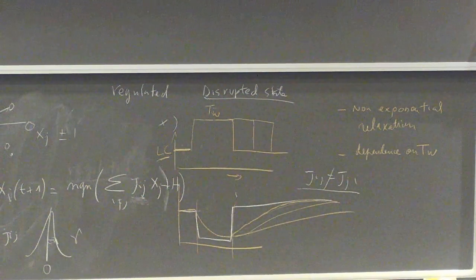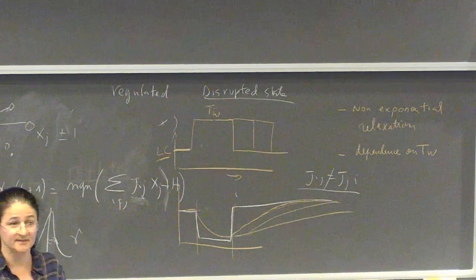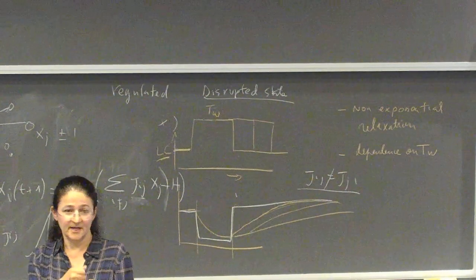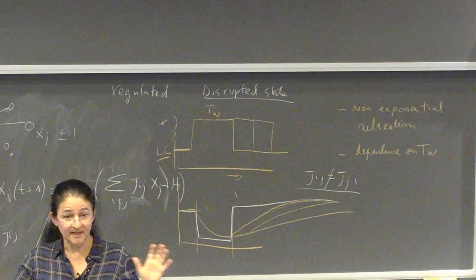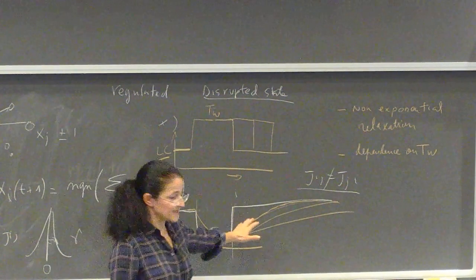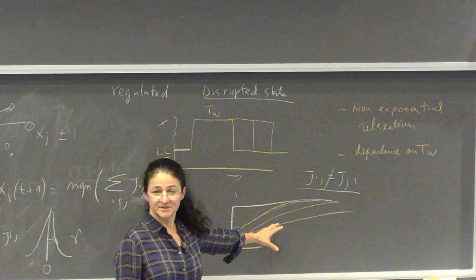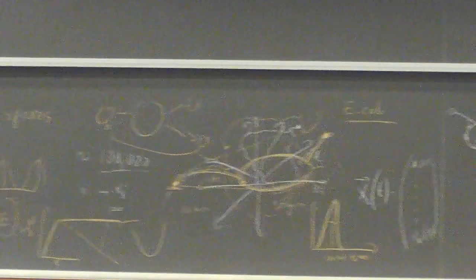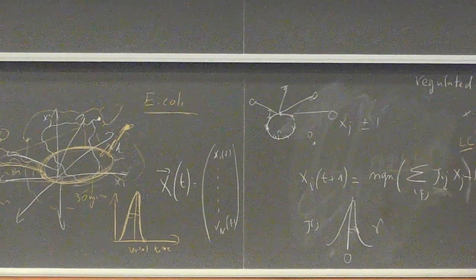But before death, what we see is that many different stresses that are biologically or biochemically annotated as completely unrelated give the same type of relaxation dynamics, not always exactly the same functional form, but it's always non-exponential relaxation and dependence on TW.